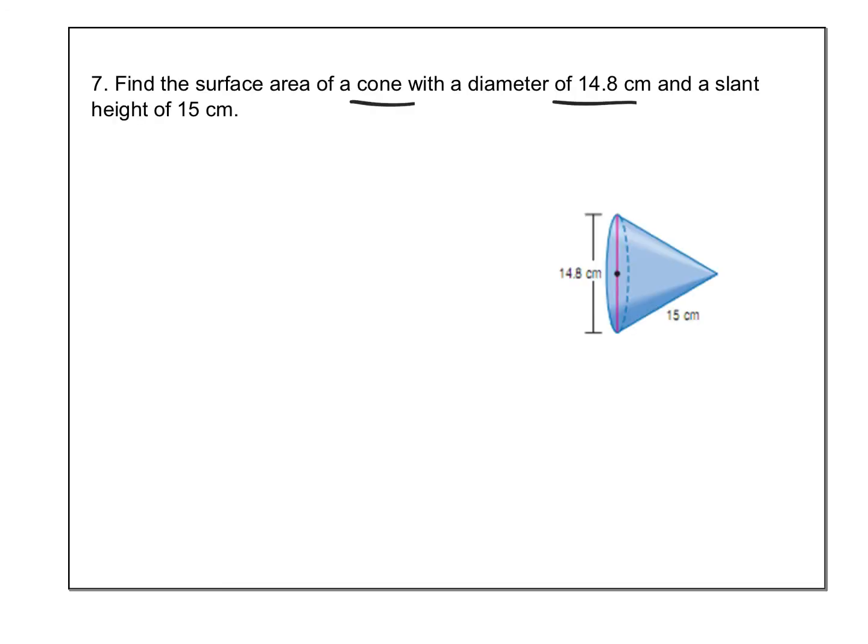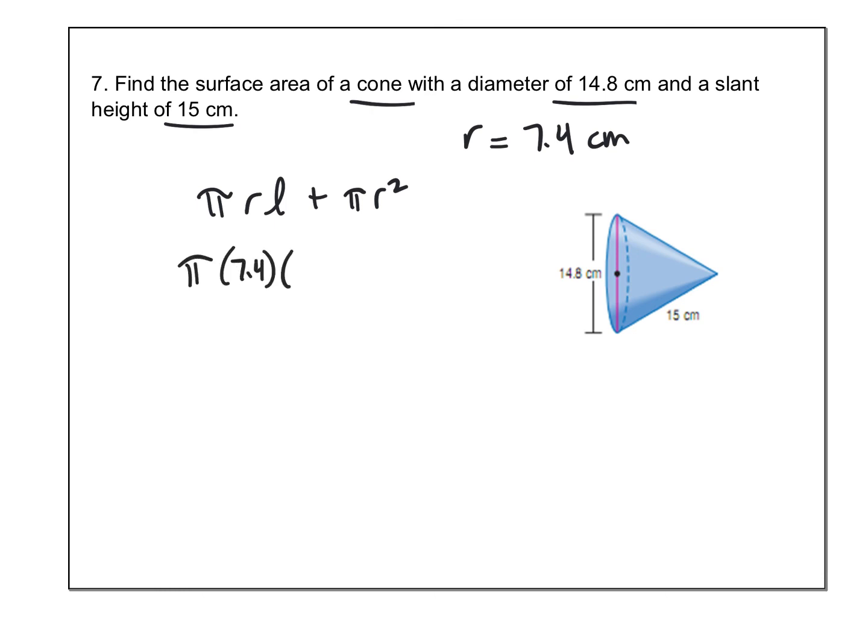Surface area. Cone is 14.8. Slant height is 15. Good. We've given the slant height. So if the diameter is 14.8, my radius is just half that. So surface area means lateral area plus pi r squared, the area of my circle. So that's going to be pi times 7.4 times 15 plus pi times 7.4 squared.